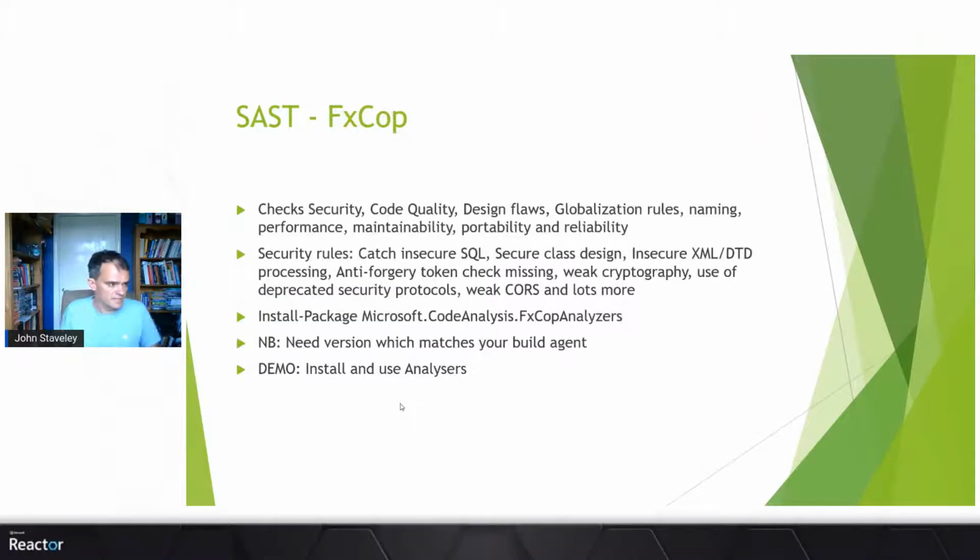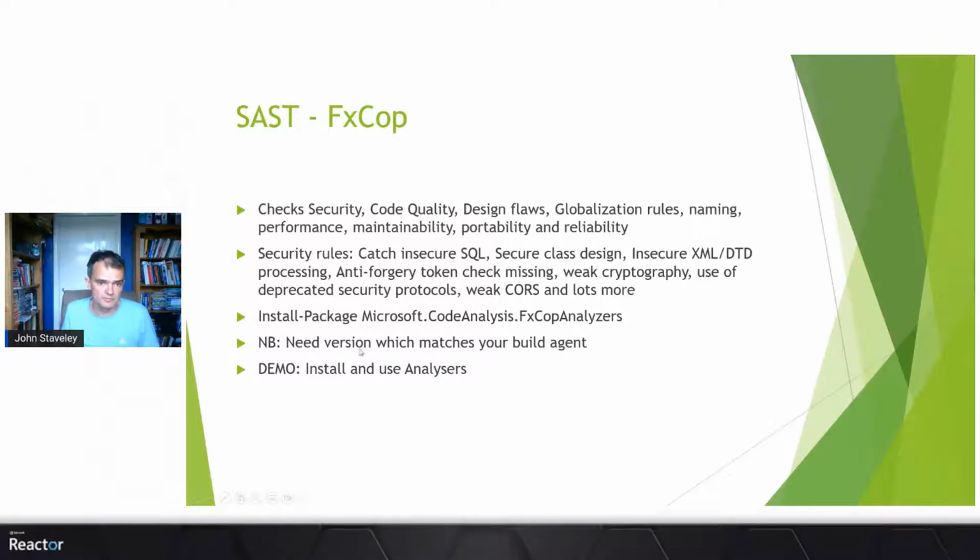So firstly, FxCop. It can check security, obviously, but also code quality, design flaws, globalization rules, naming, performance, maintainability, portability, and reliability. In terms of security rules, it can catch insecure SQL, check for secure class design, check for insecure XML and data type definitions, missing anti-forgery checks, weak cryptography, use of deprecated security protocols, weak CORS, and lots more.